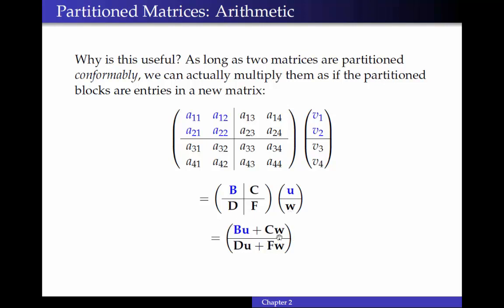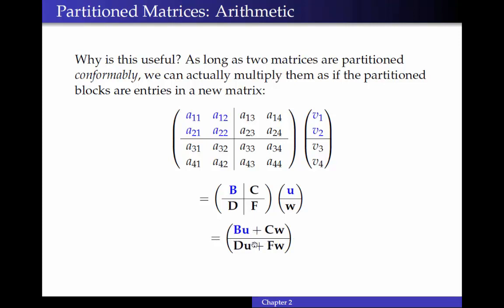But that's not going to be a single number, right? Because B is 2x2, U is 2x1. So B times U would be 2x1. C times W would be 2x1. So there are two entries on top and two entries on the bottom. And be careful, this is not a fraction notation. This is the partition notation.